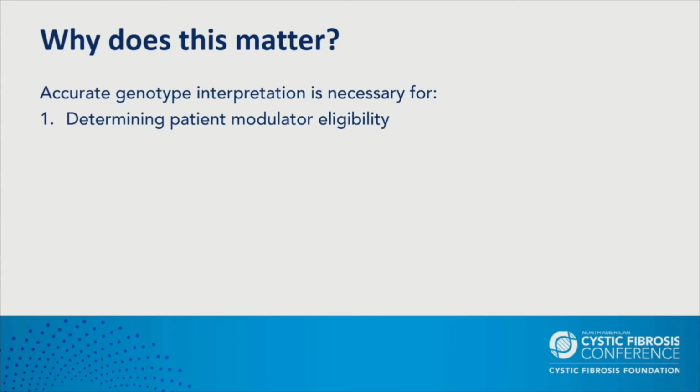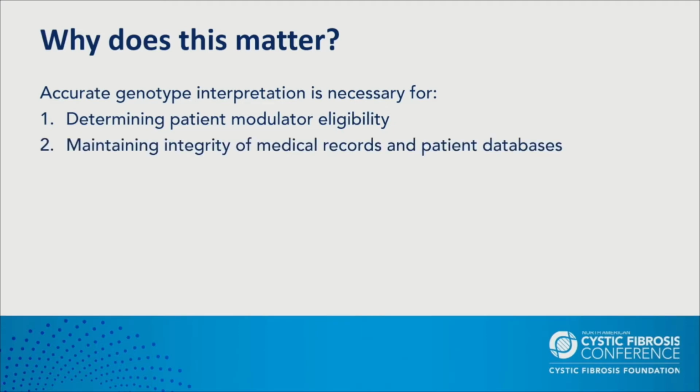In addition to the imperative aspect of determining patient modulator eligibility, it's important that providers have an understanding of nomenclature and accurate interpretation of genotyping for a few other reasons. The second bullet point here is maintaining integrity of medical records and patient databases.